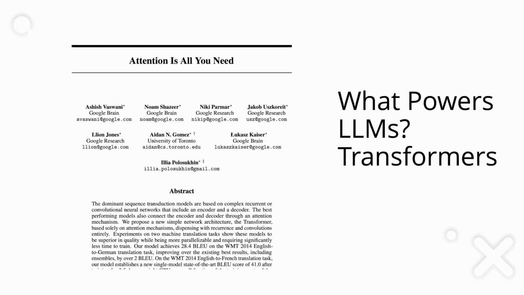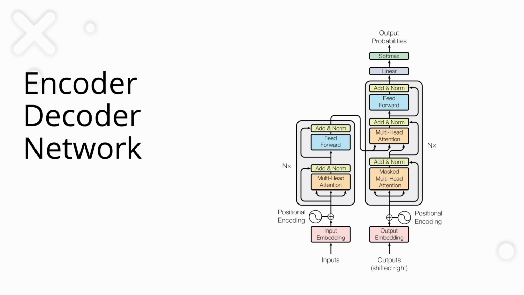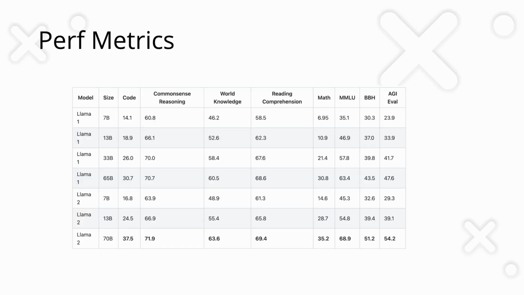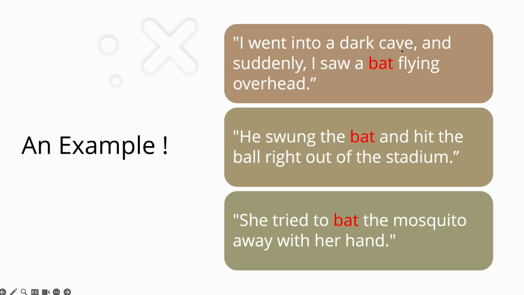How did it all start? It all started with a paper in 2017. The paper is called Attention is All You Need, and it proposed the transformer architecture. Now, I do not want to go into detail because this is very high level, but you should understand that in the example of context I gave you, that this bat is an animal can only be figured out by the model because a dark cave is present, right?